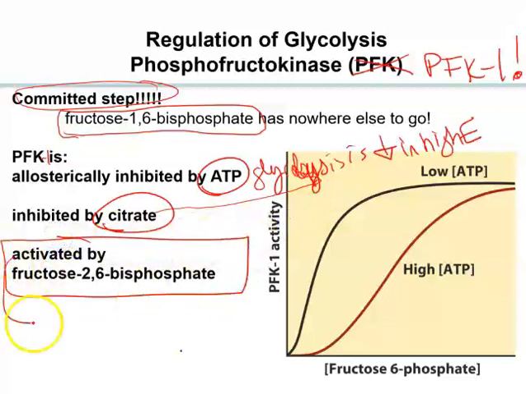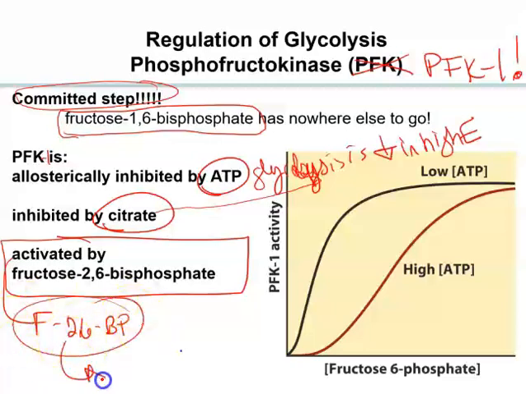PFK1 is allosterically activated by fructose 2,6-bisphosphate. This is an indicator of low energy within the cell. And we will then activate PFK1 to activate glycolysis to make more ATP because the cell needs more ATP.